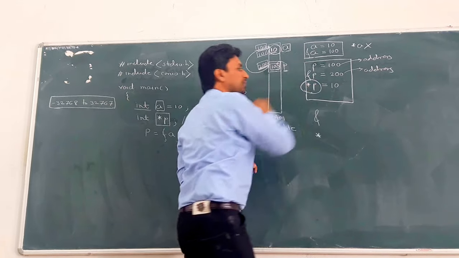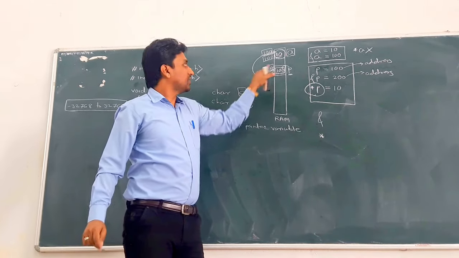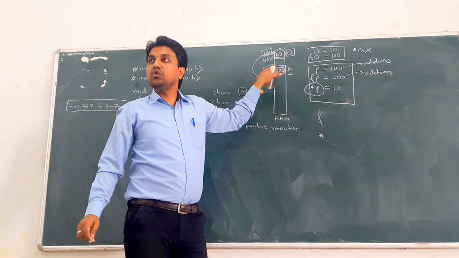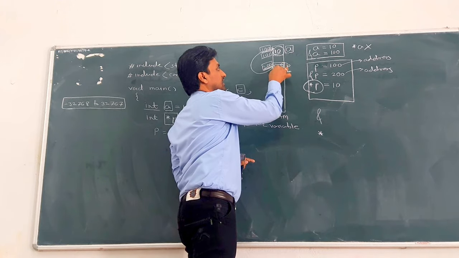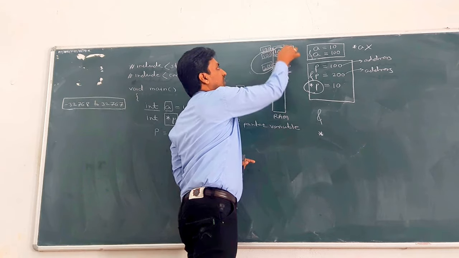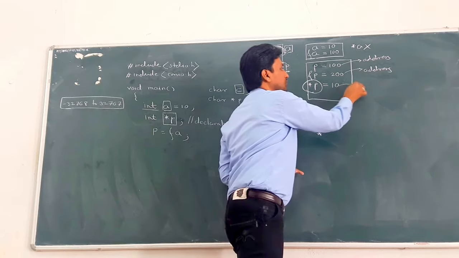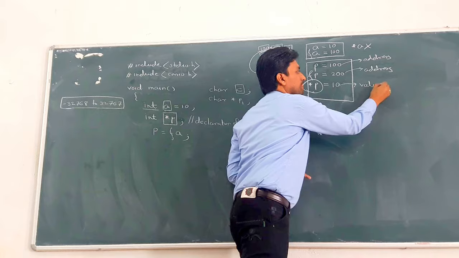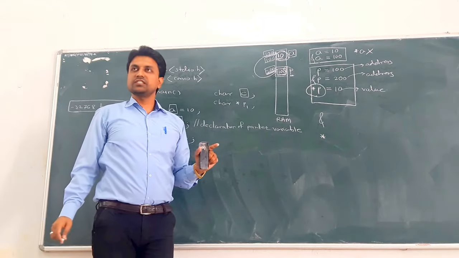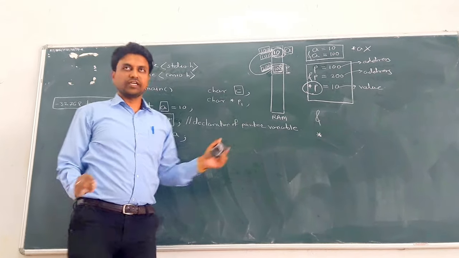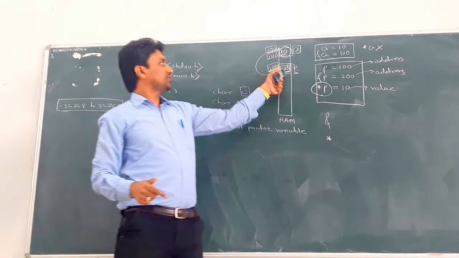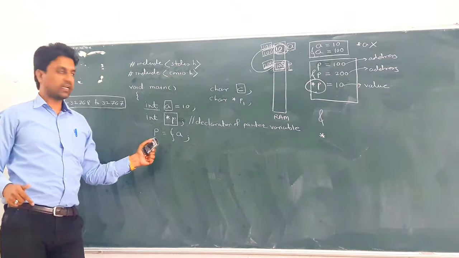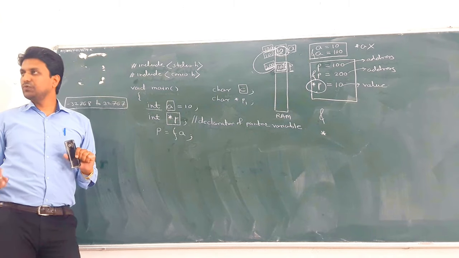And pointer P means the value at that address location, meaning P contains which address? 100, and this address contains which value? 10. So pointer P gives you the value. Understood the meanings of these notations? Okay, so this is called memory management for pointer type variables and value variables.